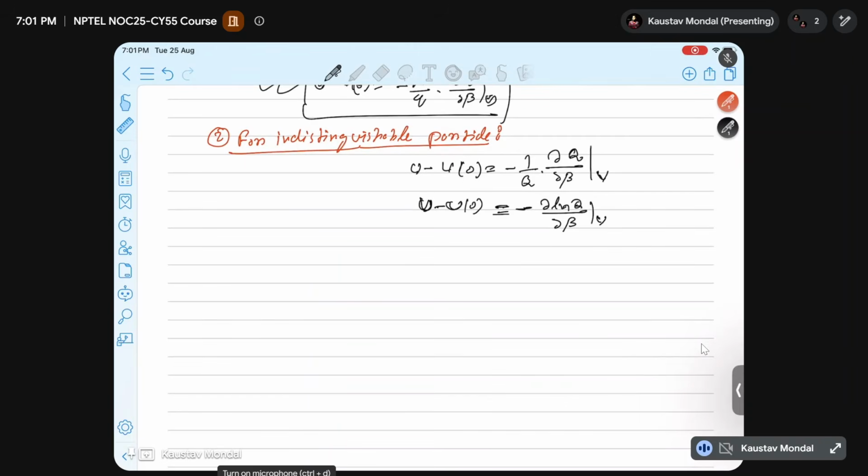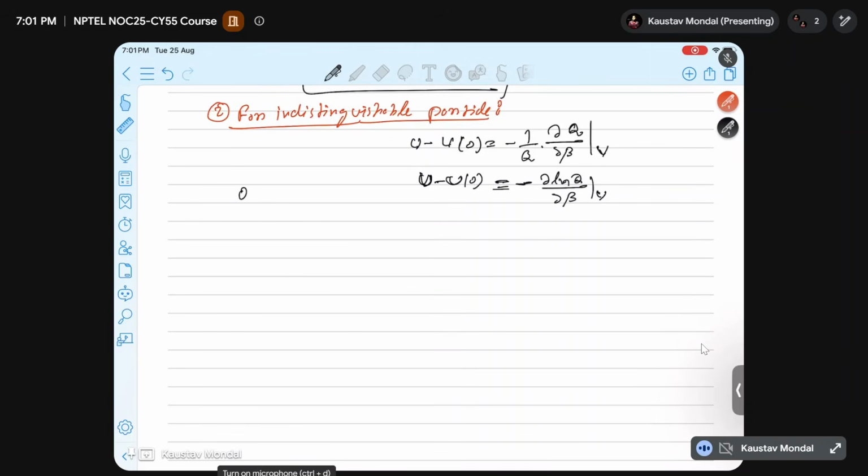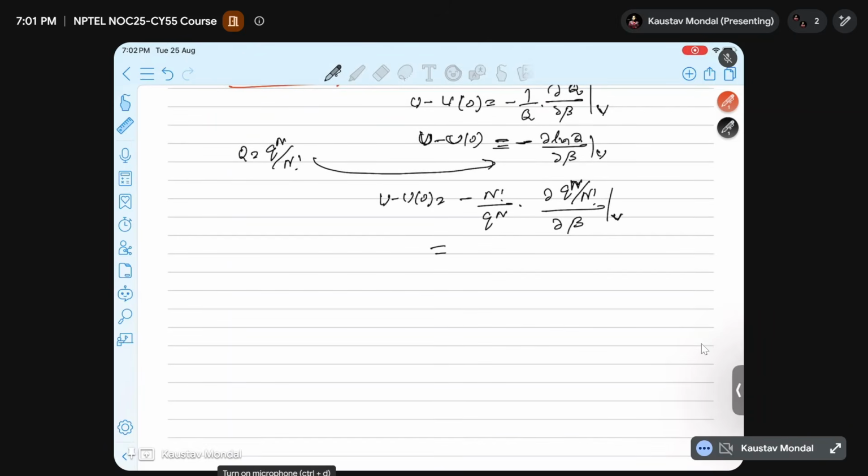For indistinguishable particles, we know Q is q to the power n by n factorial. So now if you substitute this here, it will give you U minus U0 equal to minus n factorial by q to the power n del q to the power n by n factorial del beta at constant volume.